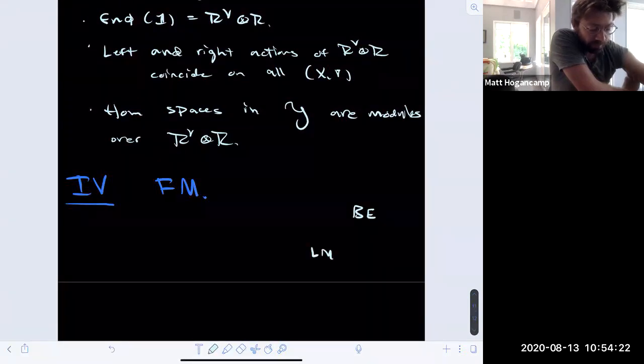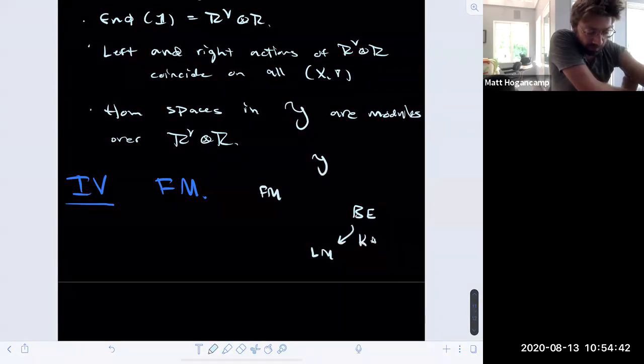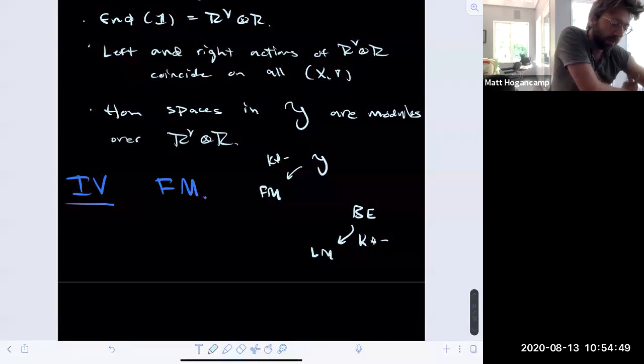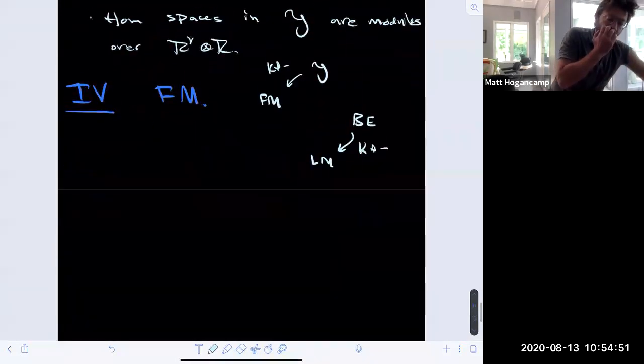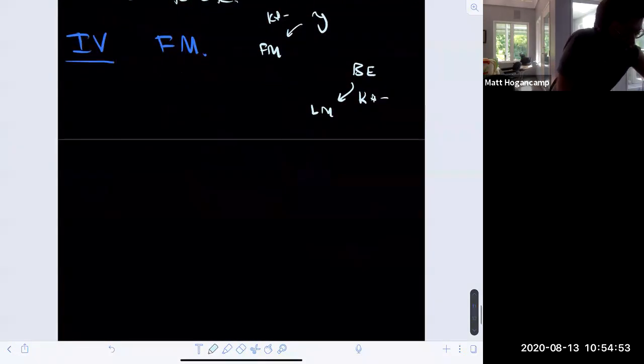So BE, LM is obtained from Soergel bimodules by introducing this Koszul complex K. And I just want to emphasize that the category FM is obtained from Y by a similar process. So for example, there is a functor from BE to LM which just tensors with K. And there is a functor from Y to FM, once we define that, which tensors with K as well.